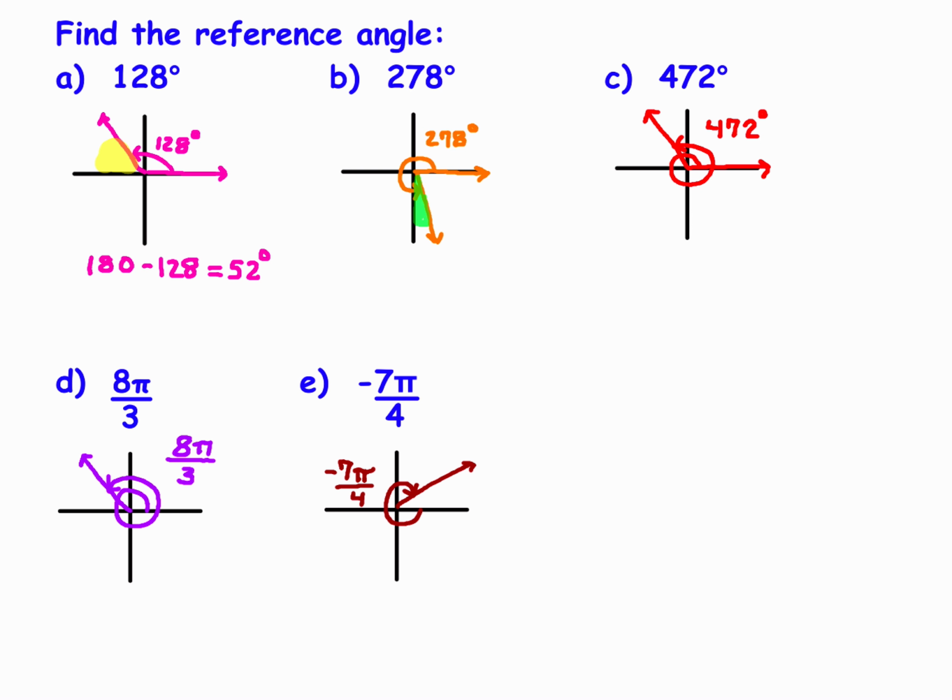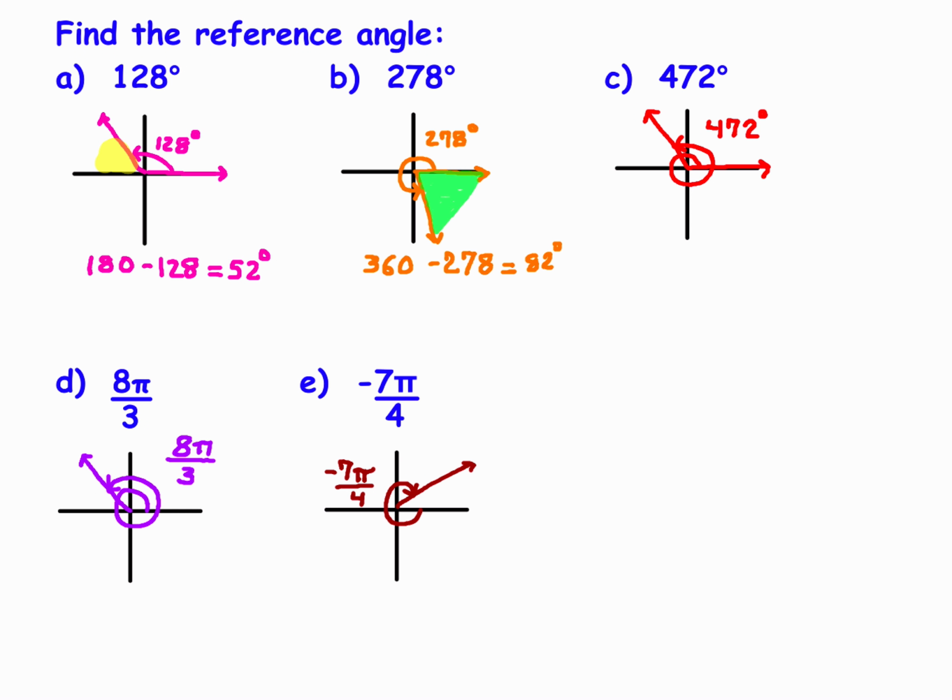You're used to finding a small angle, so you look at that little tiny angle over there on the y-axis and you think that's the reference angle, but it's not. The reference angle always has to lie on the x-axis. So this is the reference angle for 278. Now, 278 plus the reference angle has to make 360. So the measure of the reference angle is 82 degrees in this case.